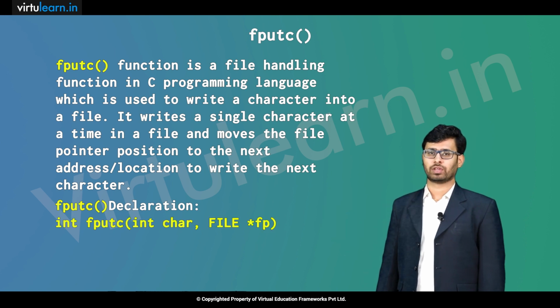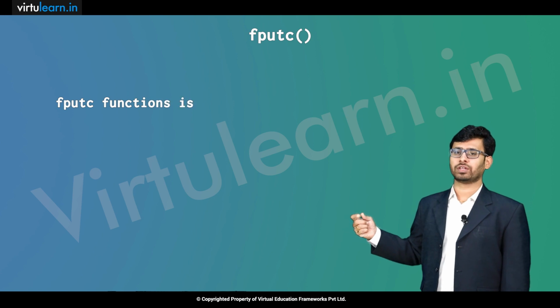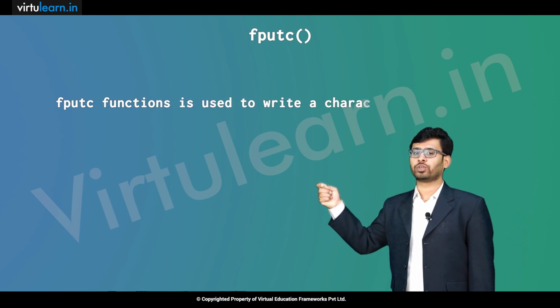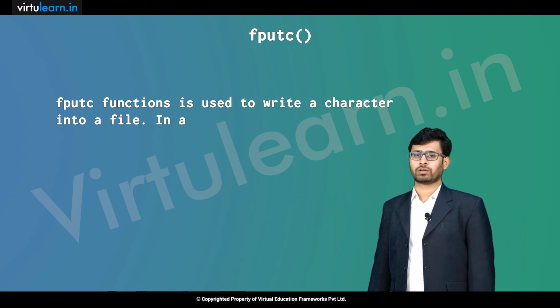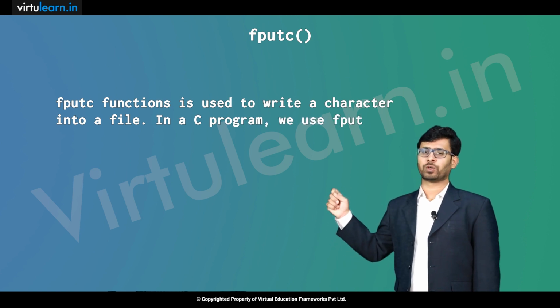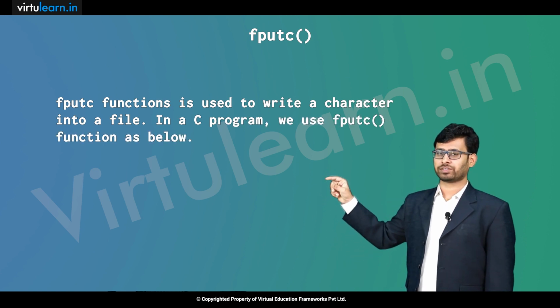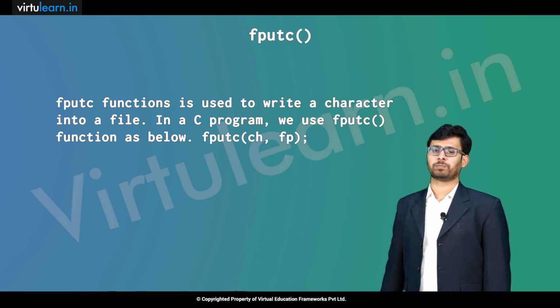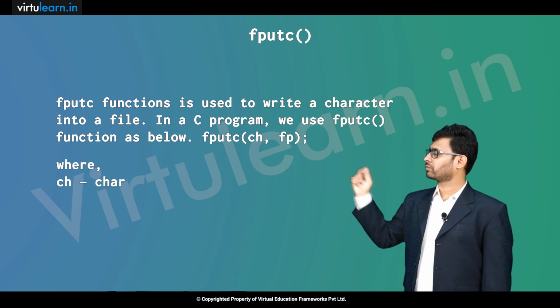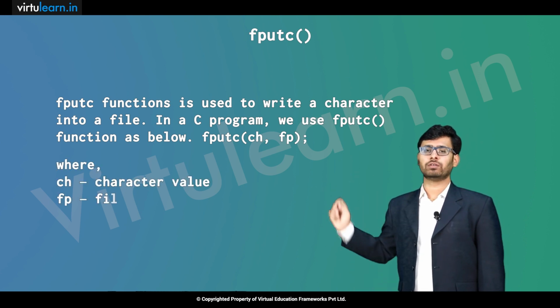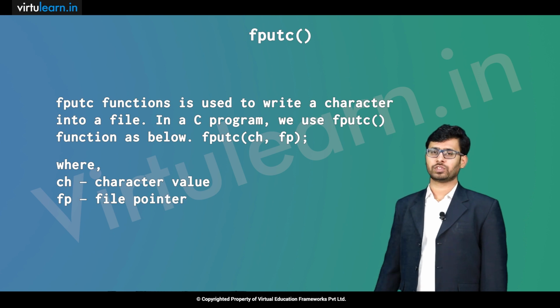So fputc is used to write a character into a file. To represent it, fputc of the given character ch comma fp, where ch is a character value and fp is a file pointer. This is how we can represent fputc.